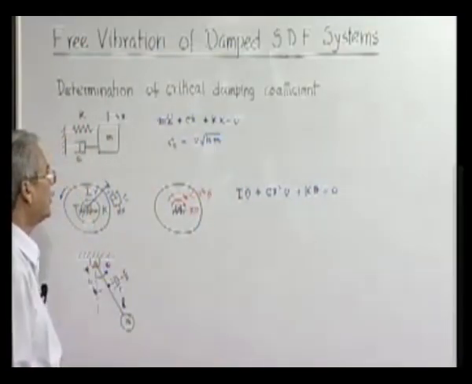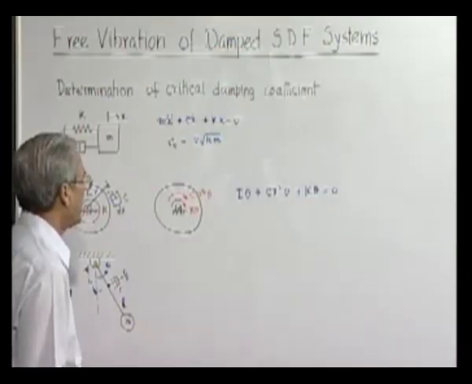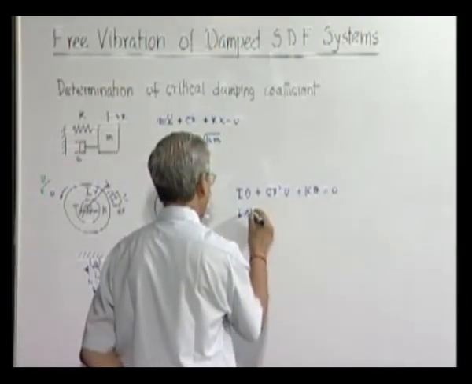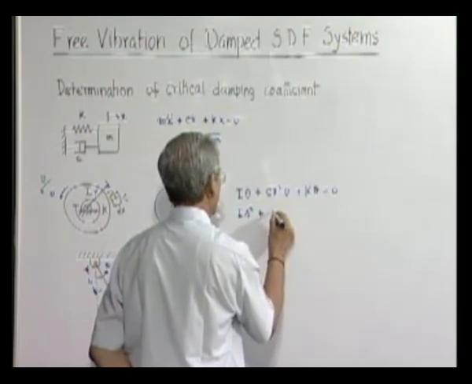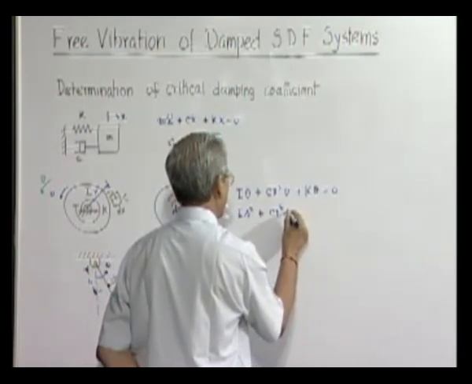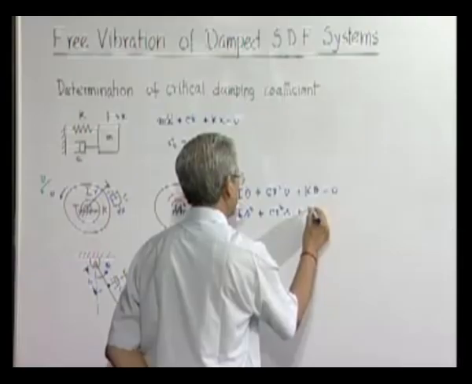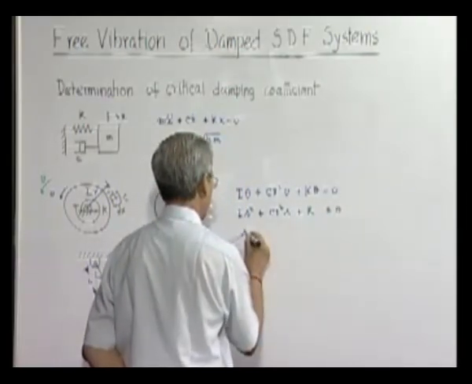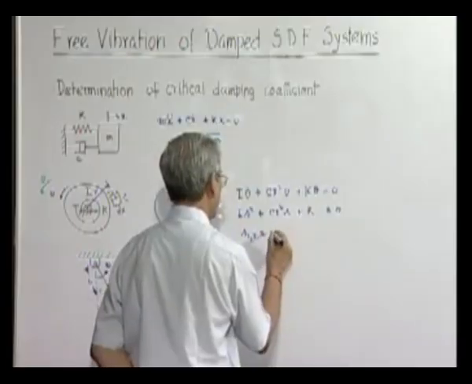now assuming the solution in the same usual form like e to the power st, the characteristic equation will be I s square plus C r square s plus k equal to 0, and so s1 and s2 will be this.